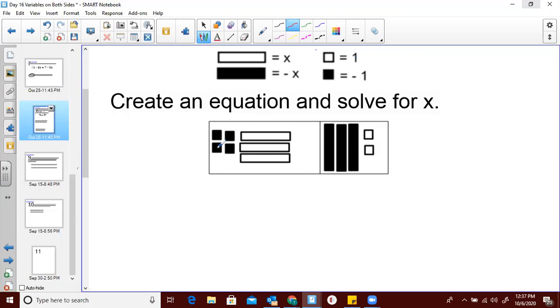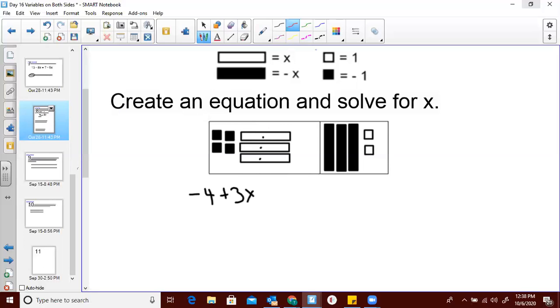So I have 1, 2, 3, 4 negative 1s, which would be negative 1, minus 1, minus 1, minus 1. And we know that that's just going to be negative 4. And then I have 1, 2, 3 of these white rectangles. And we know that's x plus x plus x because they're positive, which is just going to be plus 3x.